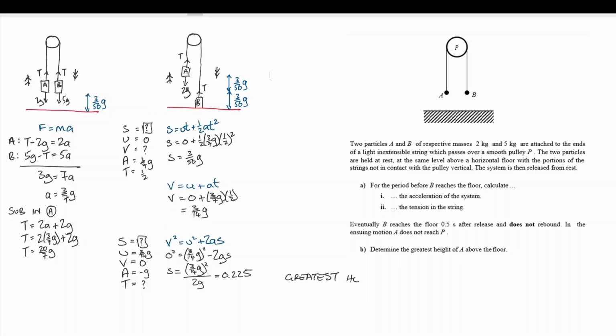And here we can now reach for our calculator, 0.225. So the total height above the floor, it's 2 lots of 3 over 56g plus the extra 0.225 we've just found now. Altogether, the greatest height that particle A reaches is 1.275 meters.